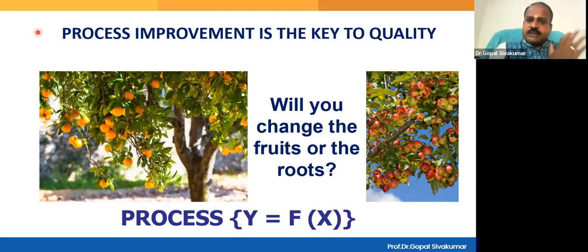Project management is a breakthrough improvement approach. Six Sigma is also a breakthrough improvement approach. Lean is also a breakthrough improvement approach. Breakthrough means there is a significant difference in the performance of the whole organization, and that is possible.